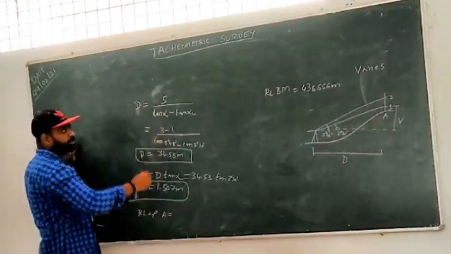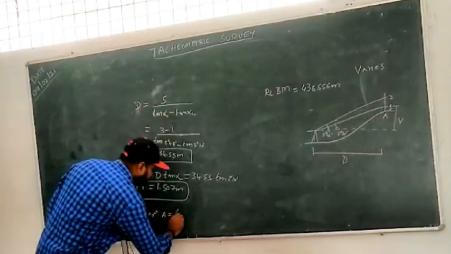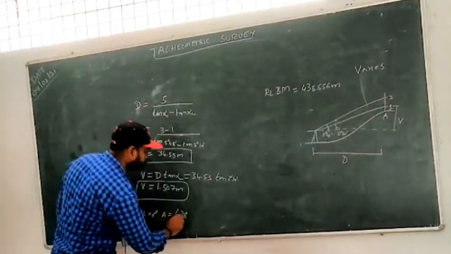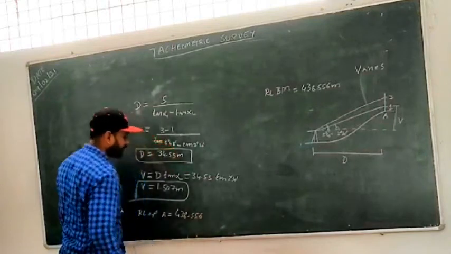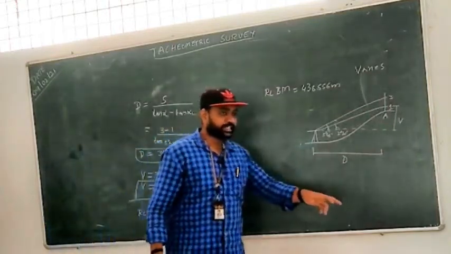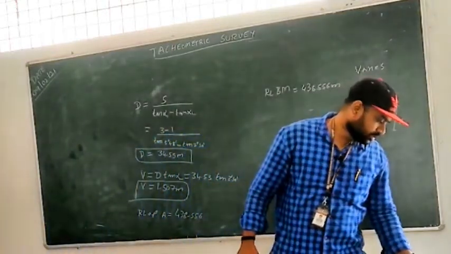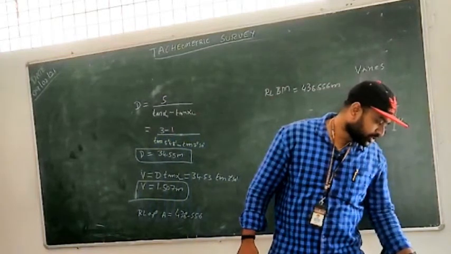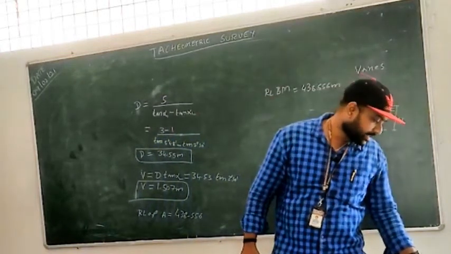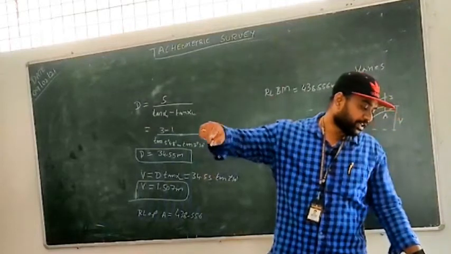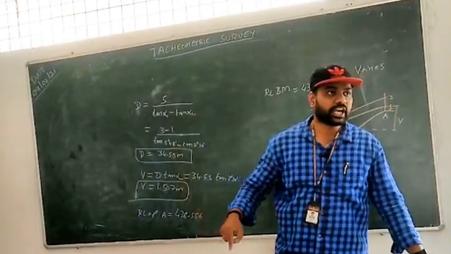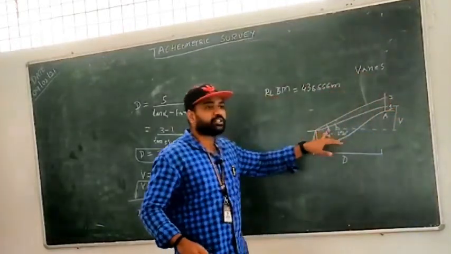So RL of A is equal to, tell me, benchmark is given for 438.556, right? If you go through what is written, first you need to determine horizontal distance and reduced level of A if the height of the instrument, means you have to consider this RL of benchmark given as the height of instrument.